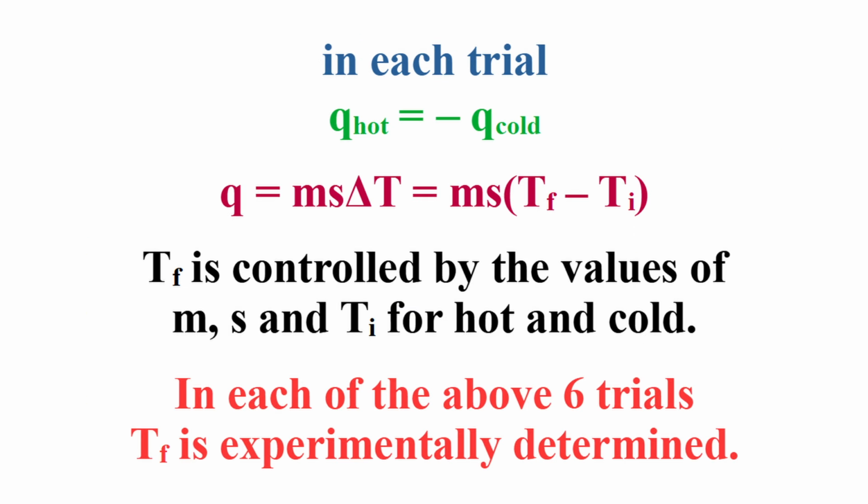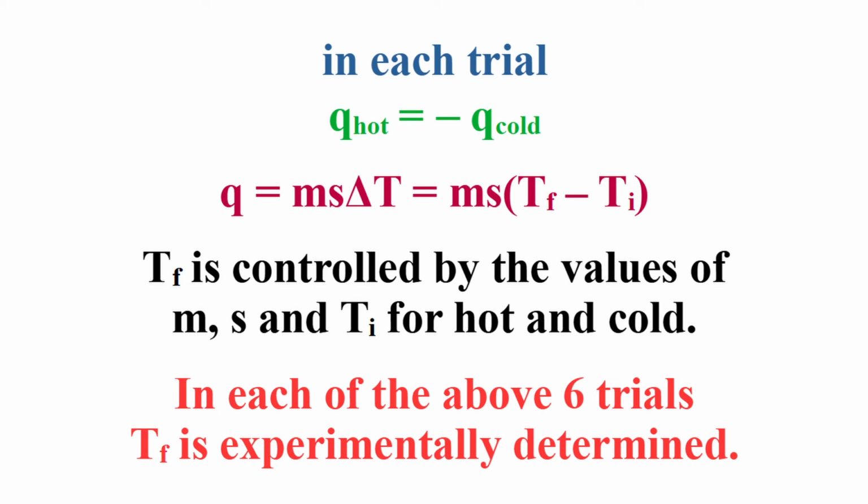In each trial, Q hot equals negative Q cold, and Q equals ms delta T, equal to ms times T final minus T initial, where s is the specific heat, namely the amount of heat required to increase the temperature of 1 gram of the substance by 1 degree Celsius or 1 Kelvin.